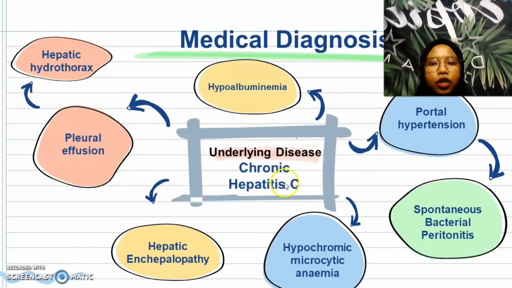Not only that, chronic hepatitis C with portal hypertension can also cause spontaneous bacterial peritonitis. Besides, chronic hepatitis C can also cause hypochromic microcytic anemia, hypoalbuminemia, and also hepatic encephalopathy, which is also a sign of other diseases and a disease caused by chronic hepatitis C.